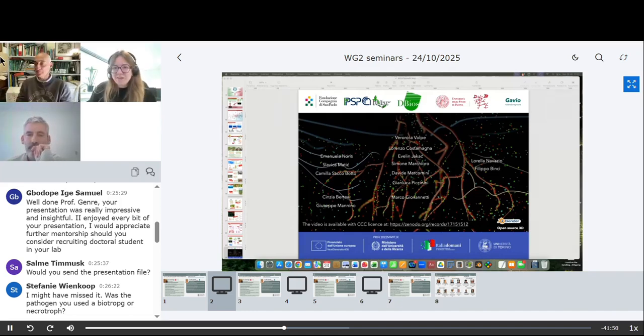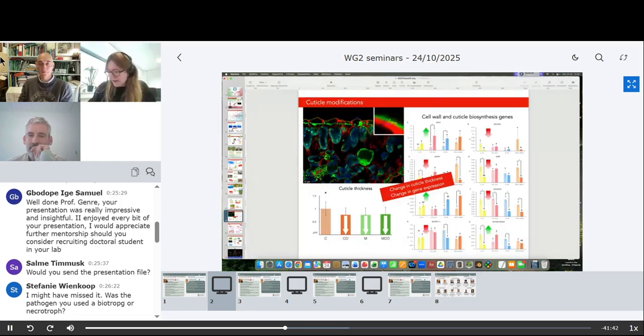I also had a question about the beautiful image that you had with the cuticle modifications that you used to quantify the sizes. How did you stain them specifically? That was stained with calcofluor for the cell wall and with Auramine O, which is a specific dye for waxes, basically lipids, and so you can have this nice two-color staining in the cell wall.